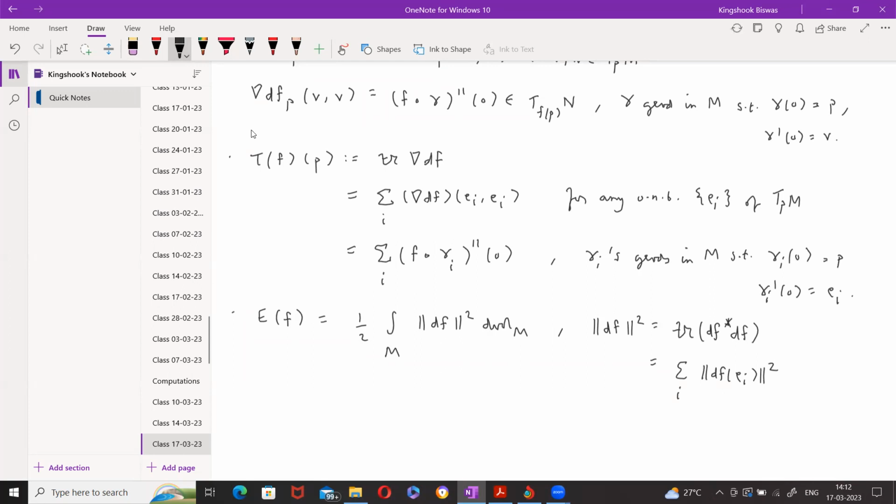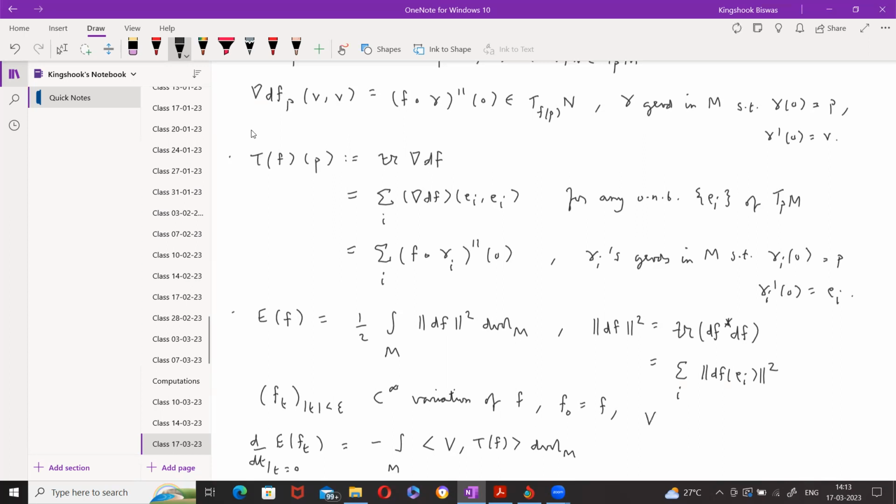Okay. And we saw that for any variation F_t of F, so that F_0 is equal to F, we found a formula for the first variation of energy: d/dt at t equal to 0 of the energy of F_t was minus the integral over M of the inner product between the variational vector field and the tension field, with respect to volume.